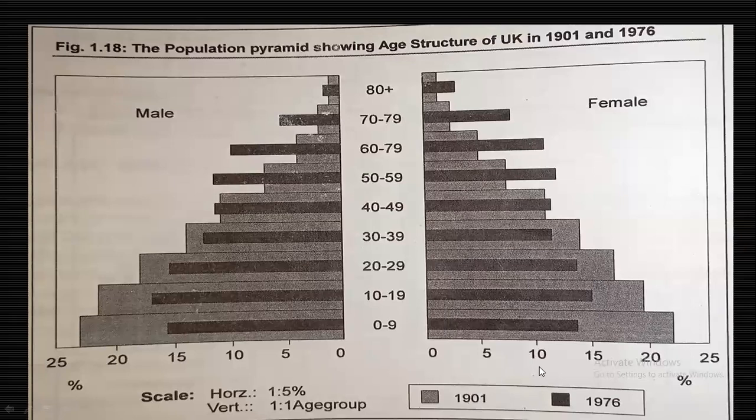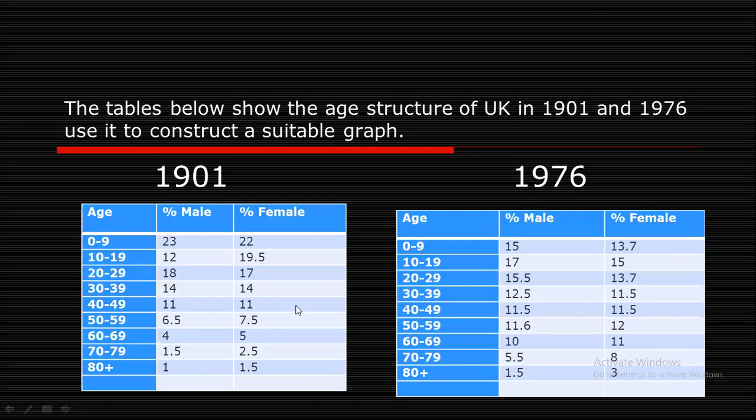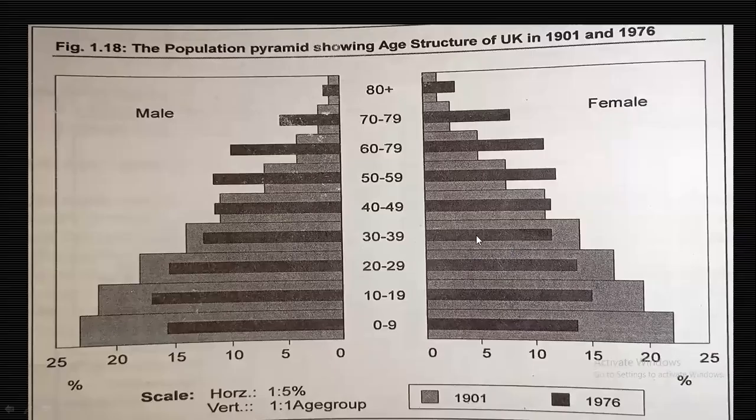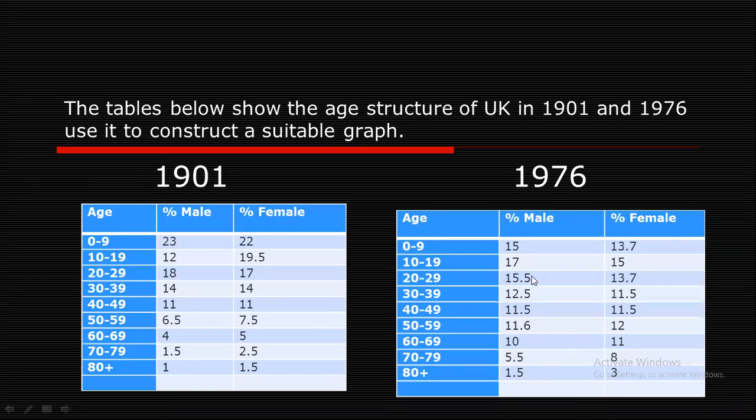If you choose to start with this, you can, so long as you are going to show that what you have shaded here is the representation you are giving here. Because these units should be represented. If you are using the 1976 to represent 15, and you want to use this color, maintain it. So long as you are showing it here and you are not changing, there is no problem.